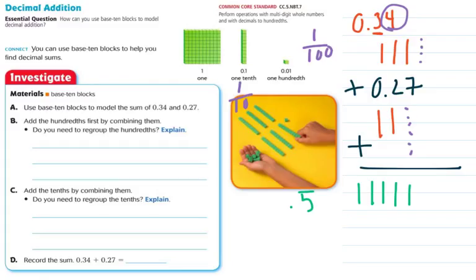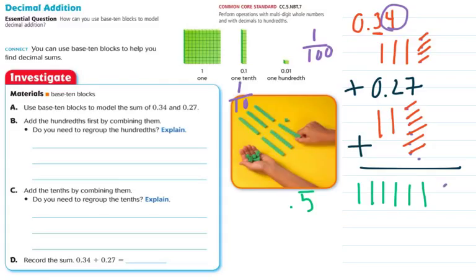So we're going to cross off 1, 2, 3, 4, 5, 6, 7, 8, 9, 10. When we traded in those hundredths, we were able to trade 10 hundredths for 1/10. And now what we have left over is the 1/100.